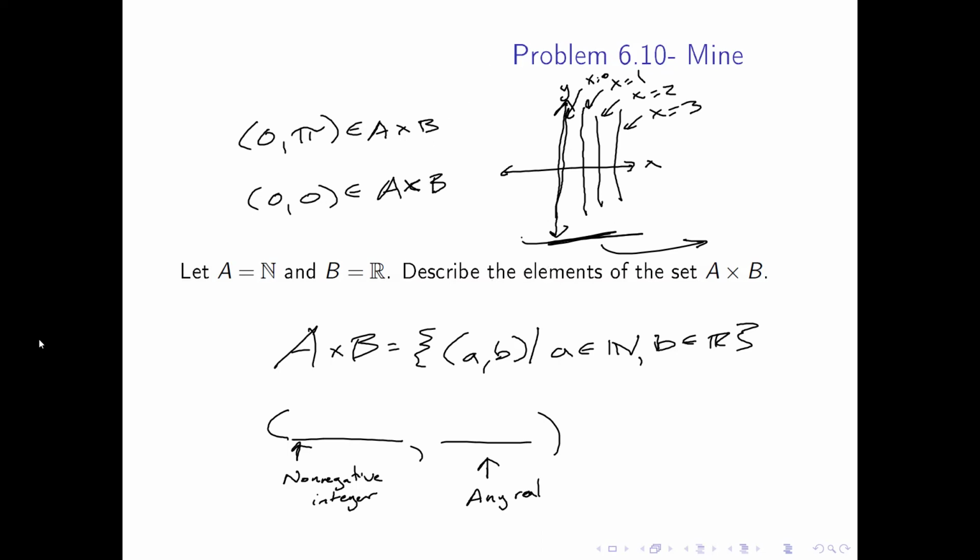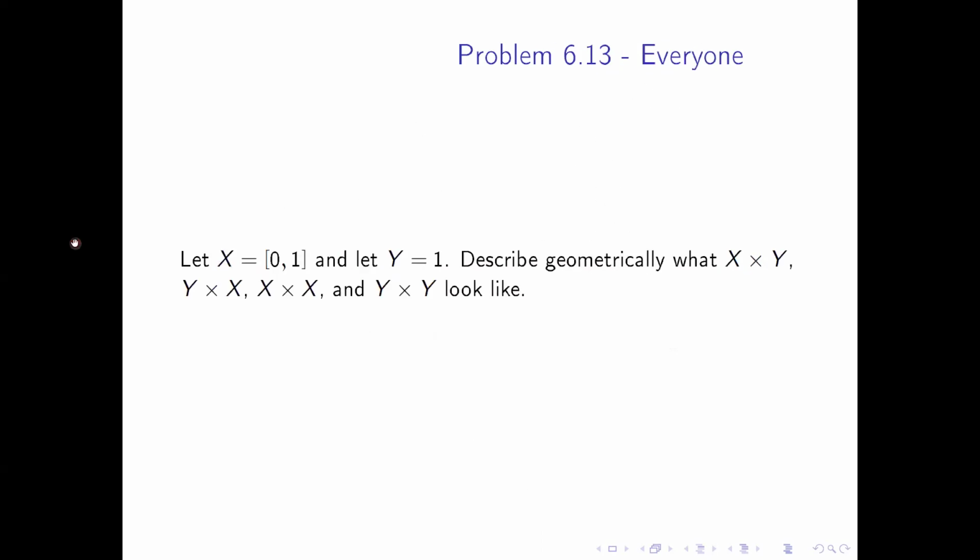We're just trying to describe what this looks like to get our brains wrapped around this concept. So this leads me to the first problem I have for you. I want you to consider this. X is the closed interval from 0 to 1, and Y is just the set {1}.